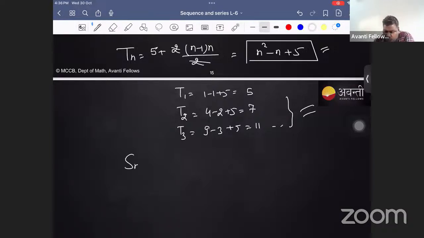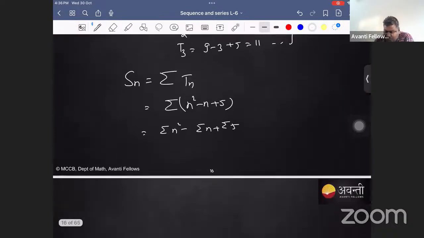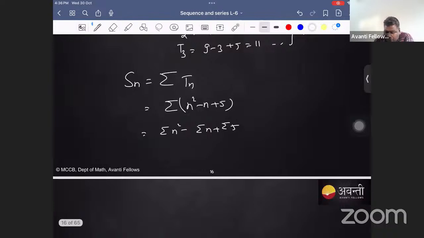Now, how about finding Sn, that is sigma Tn? That is sigma of n square minus n plus 5, that is sigma n square minus sigma n plus sigma 5. Sigma n square value we are all aware of: n into n plus 1 into 2n plus 1 upon 6.